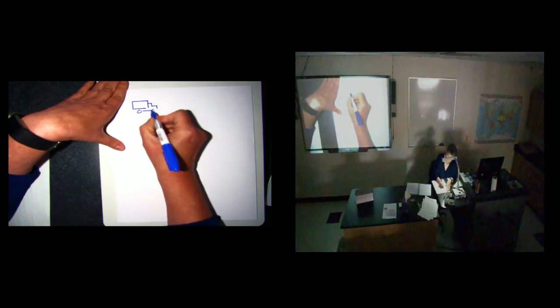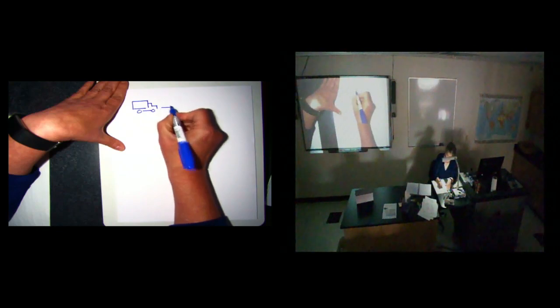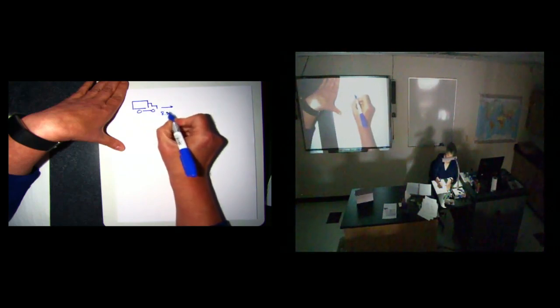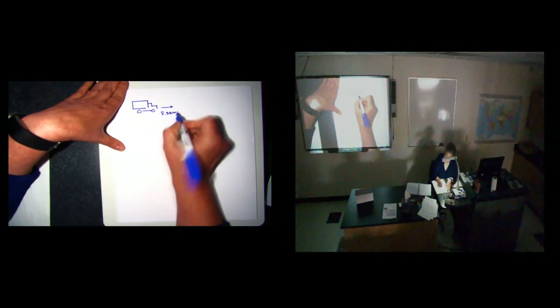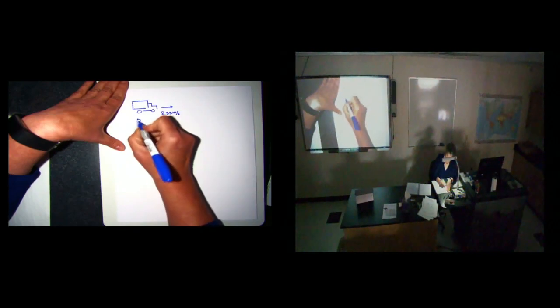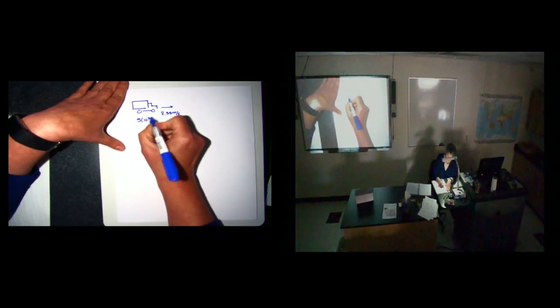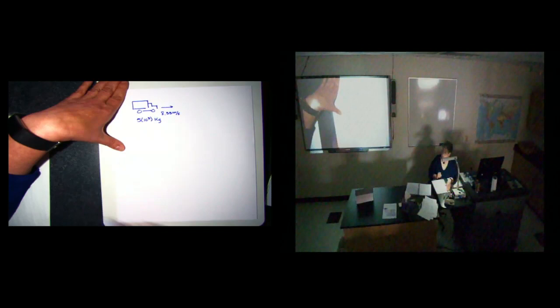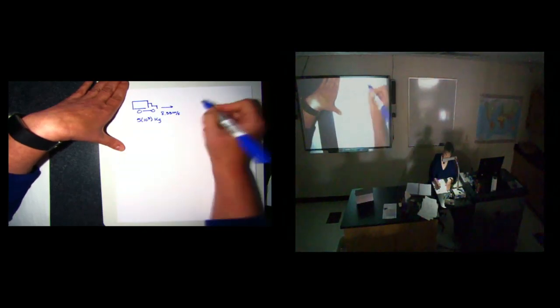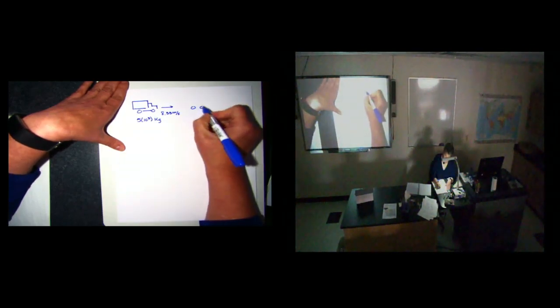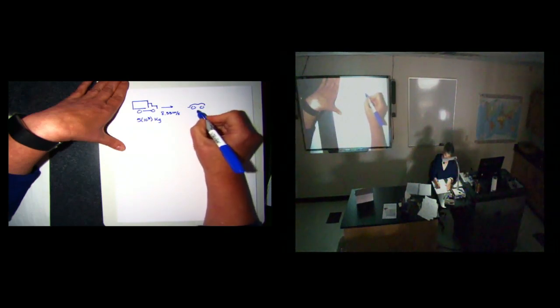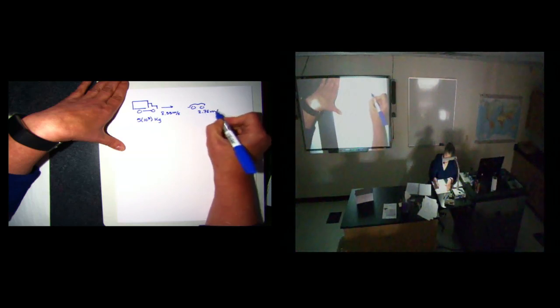And we want to determine the coefficient of elasticity for this problem. So the first thing I've got to do is think through what that coefficient is going to look like. That's going to be the velocity of the car after minus the velocity of the truck after.